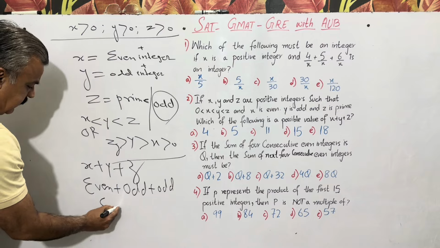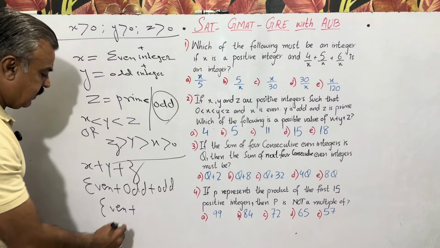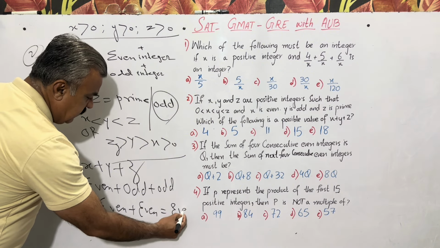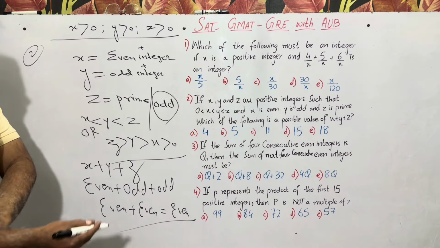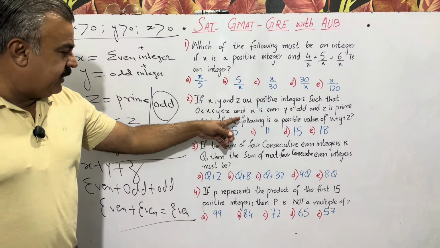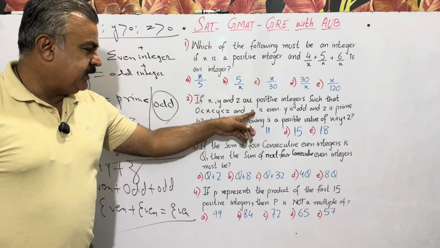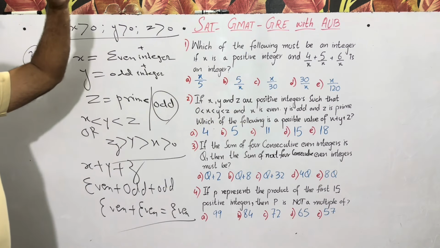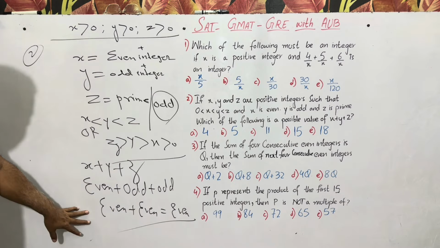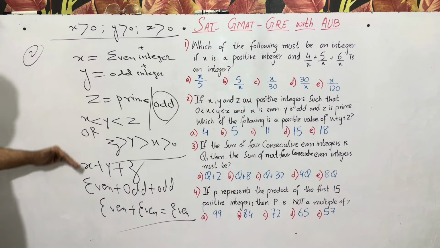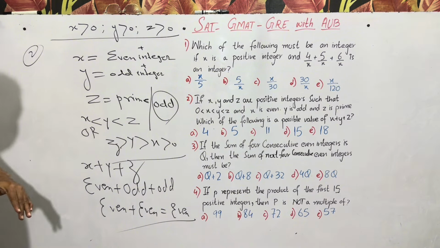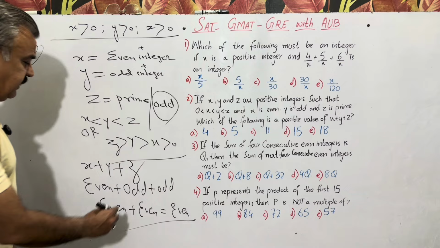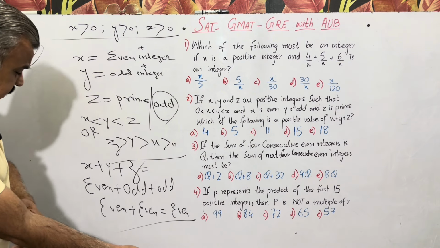Now, we are familiar that odd plus odd is even, and even plus even is even, so we can safely eliminate choice B, choice C, choice D. They have been eliminated because they are odd, and according to the given condition, x plus y plus z is an even number.